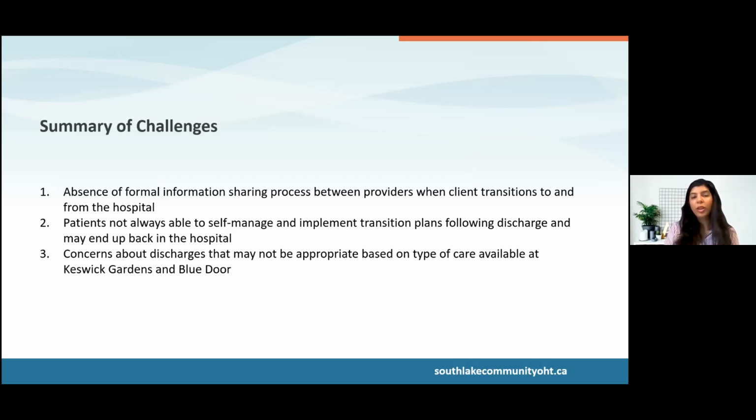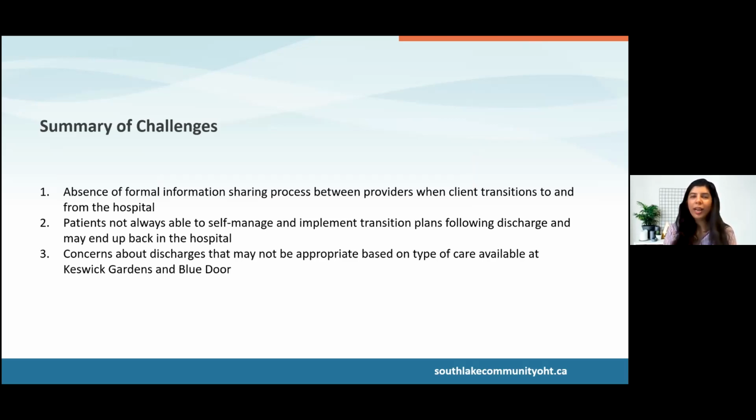So when we were conducting the interviews, we really wanted to understand what some of the pain points and key challenges were when patients were coming in and out of the hospital, from the experience of service providers, as well as what they thought clients and patients were experiencing.